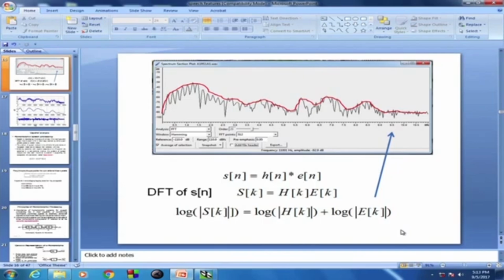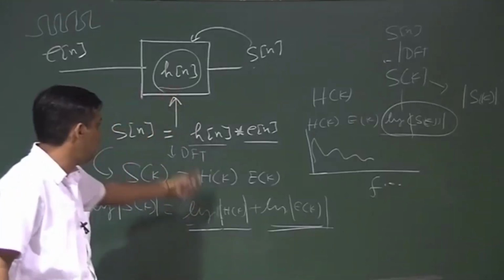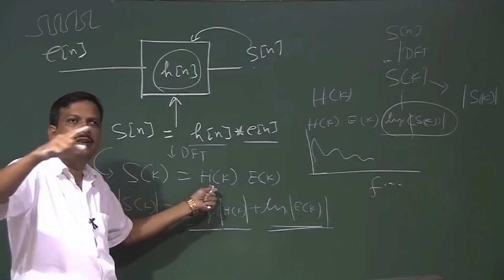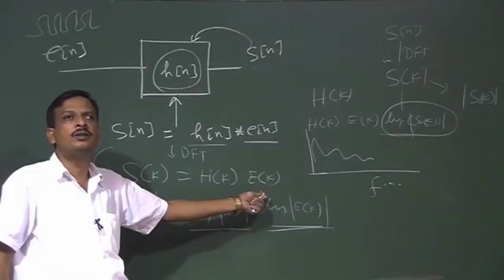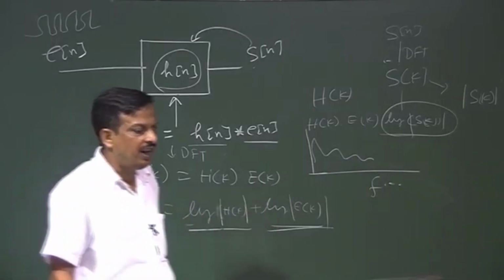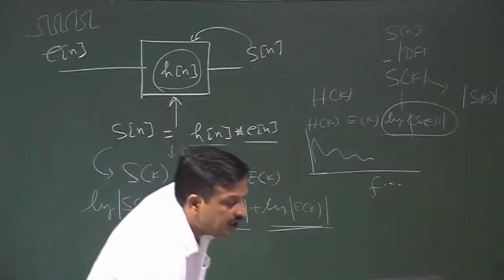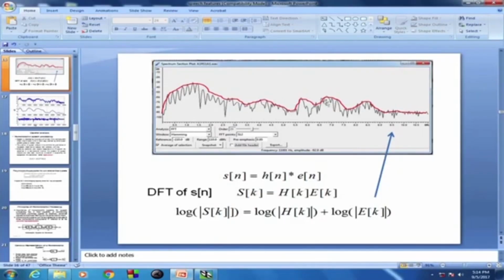Now, I am interested in this envelope. The envelope represents H(n) or H(k), and the variation represents E(k). If I want to extract that, let us consider this log plot as a signal.